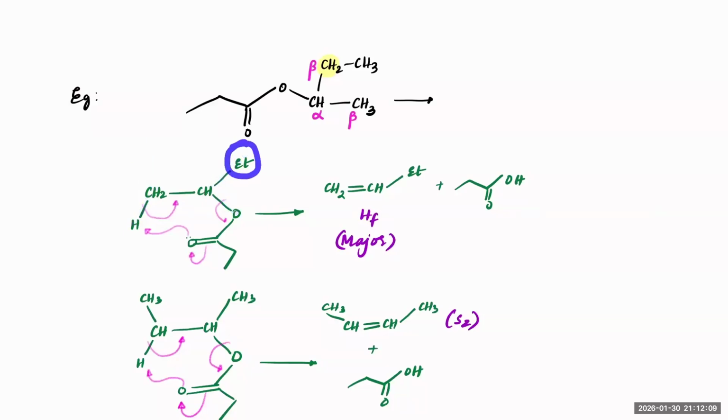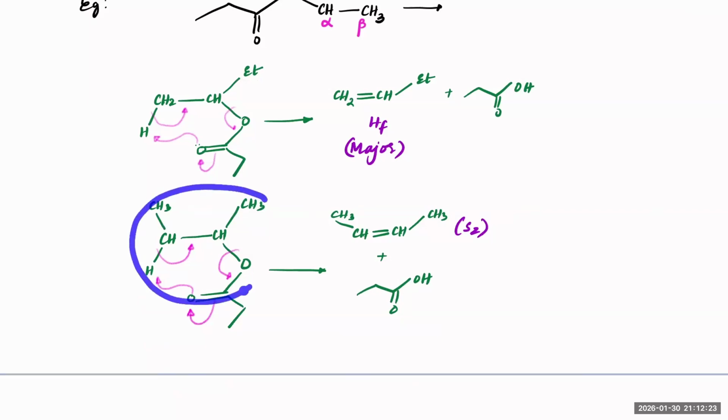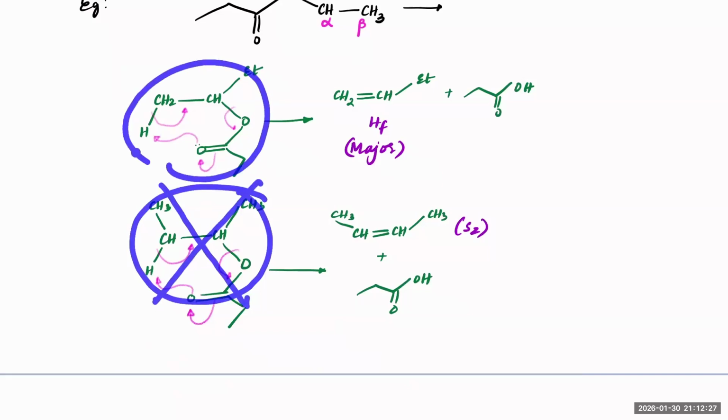Now, one ethyl and one hydrogen will have a lesser amount of repulsion as compared to that of methyl and methyl undergoing repulsion in the eclipsed form. So therefore, formation of this eclipsed form is less likely to happen as compared to formation of this eclipsed form.